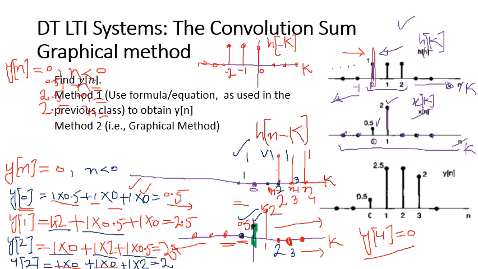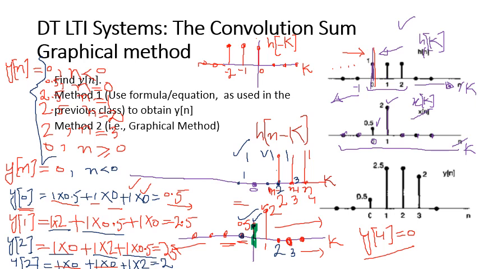Okay, so when n equals 0, y of n equals 0.5. When n equals 1, it is 2.5. When n equals 2, again it is 2.5. When n equals 3, it is equal to 2. And it is 0 when n is greater than 3. So this is the expression for y of n, right?